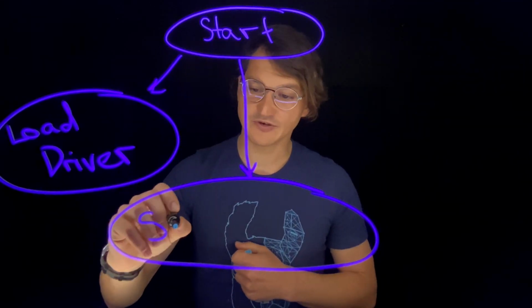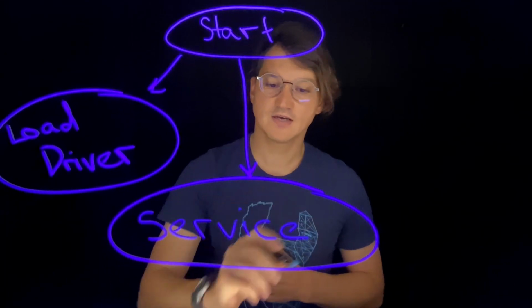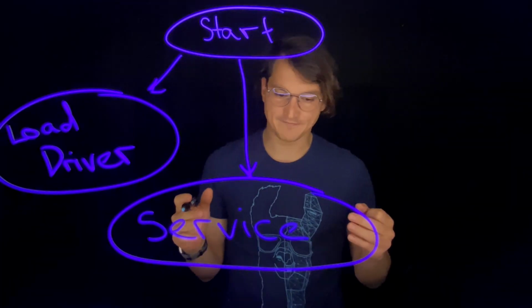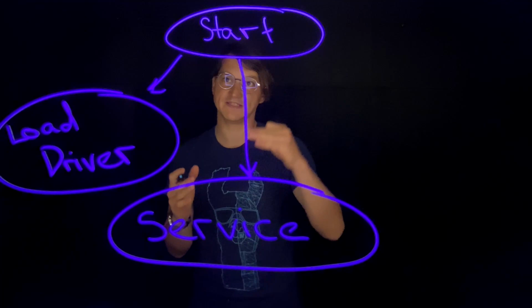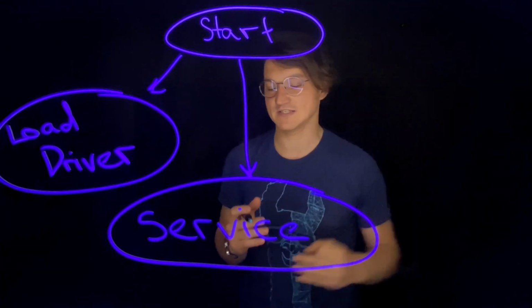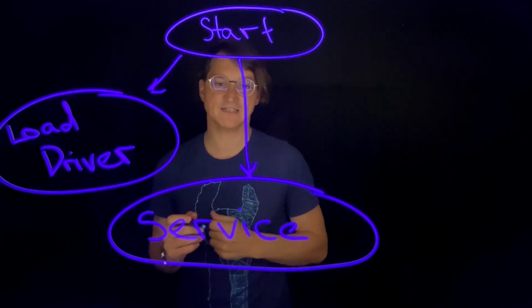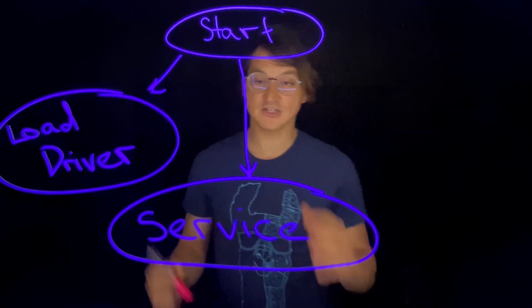Another option is to create a service. That would be a Windows service with a type driver. And the advantage of it is that the service can be created with different modes of auto start and different priorities. So what the rootkit would try to do is set the highest priority in order to be loaded as soon as possible.